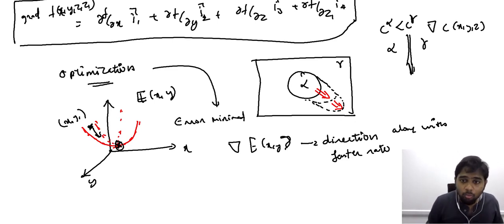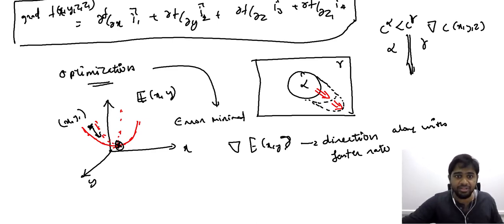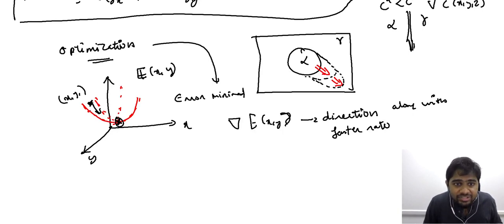And for that, from this starting point we consider the gradient of this error function, and this gives us the direction along which the error decreases at a faster rate. However, if we take this direction, we will move away from this minimal point here.